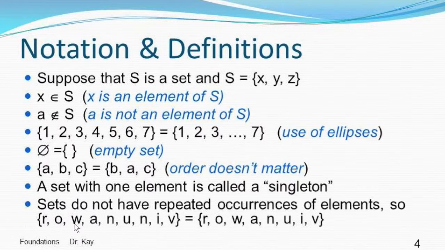R, comma, O, comma, W, comma, A, comma, N, comma, U, comma, N, comma, I, comma, V. But what this really represents is this same exact set where the element N only occurs once. Because of course, even though we repeated it inside the set symbols, there are no repeated elements in a regular set, and so this is equivalent to this.